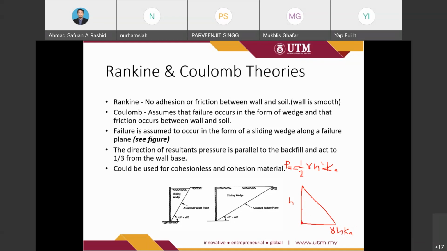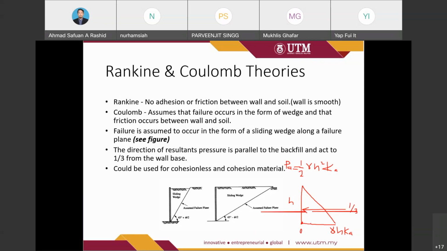For the moment arm of a triangle, if this is the base point, then it is considered at 1/3 from the base. So this PA acts at 1/3 from the base, for a single type of soil.